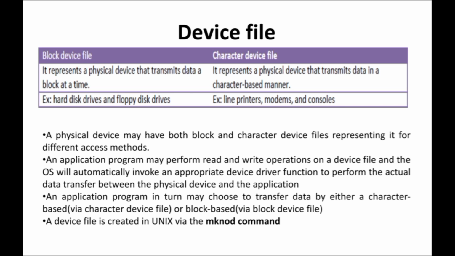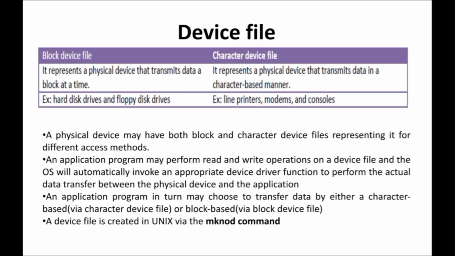The device driver function's task is to identify the particular device. How is our application going to perform the read and write operation on the device file? Through the use of a device driver. A device driver is software that is mainly used to identify the particular device.